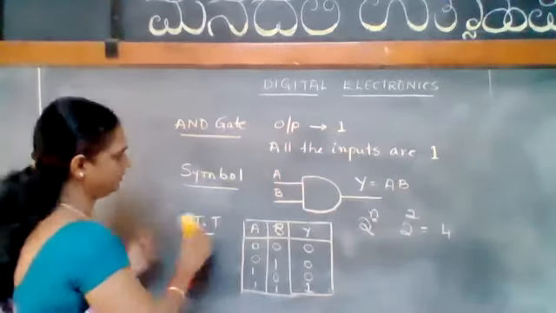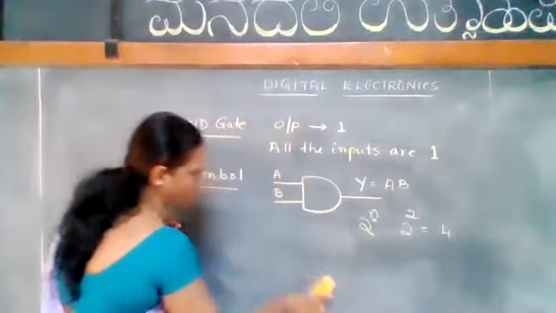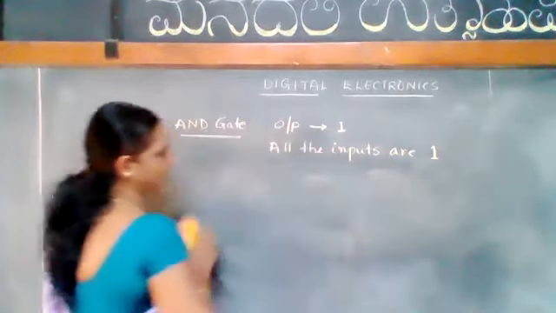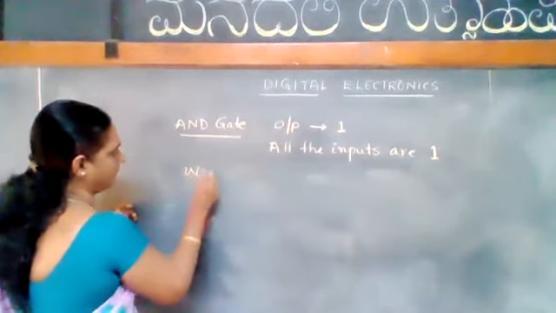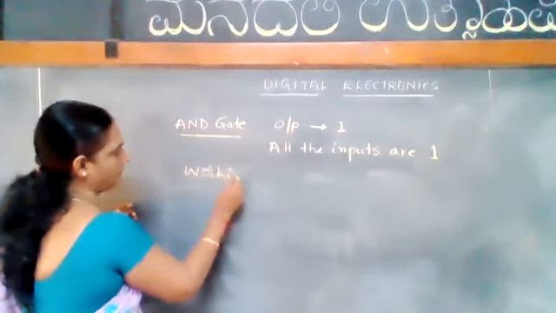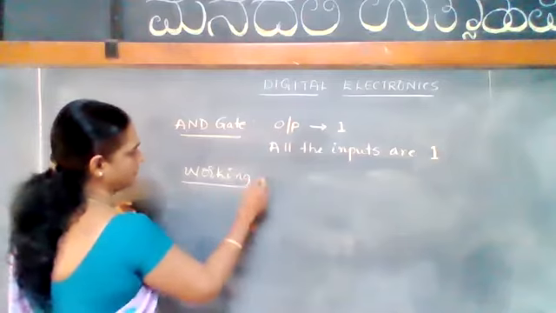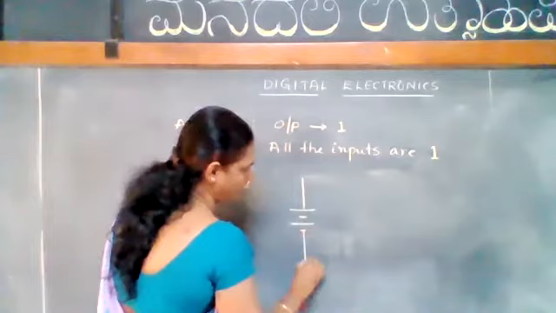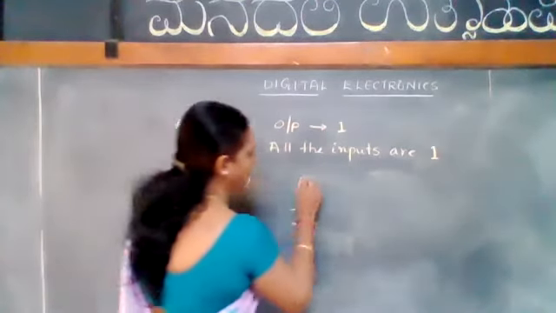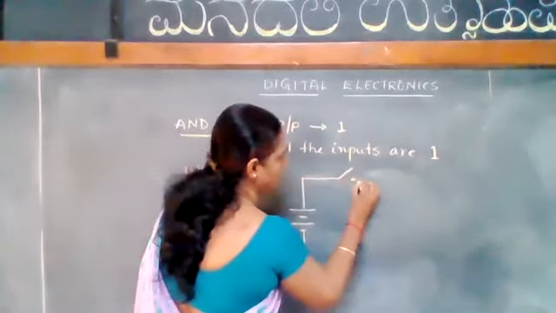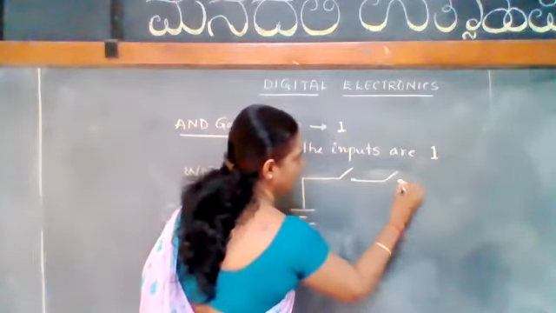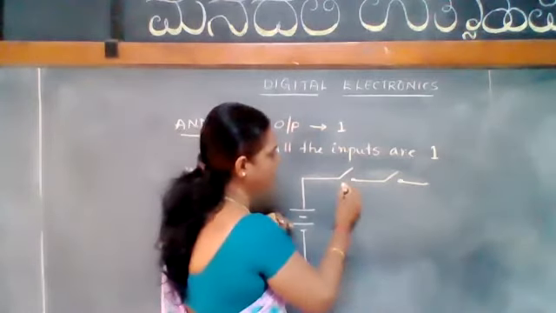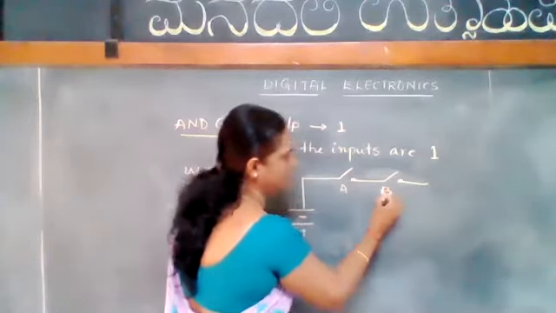Now, how does this work? How can we write an electrical circuit for an AND gate? Working. Let us consider one voltage source with two switches, because we have two inputs. The two switches are connected in series.